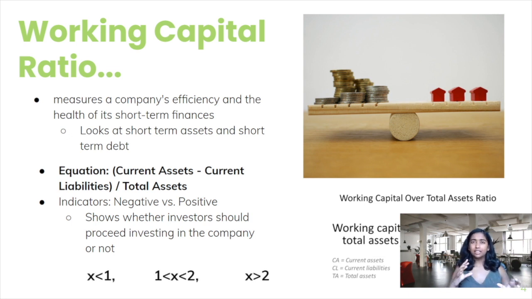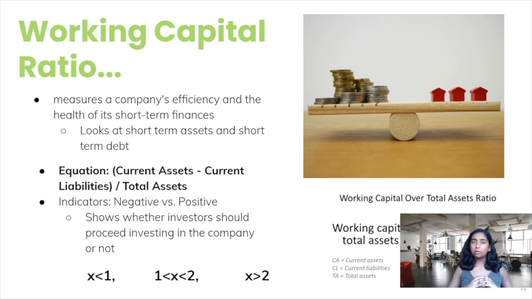I've listed the ratios right here to look at to see whether or not you should invest in a company. If the working capital ratio is less than 1, that means liabilities are more than assets, which means that a company is at a higher risk of bankruptcy.